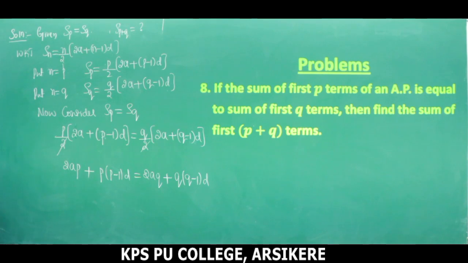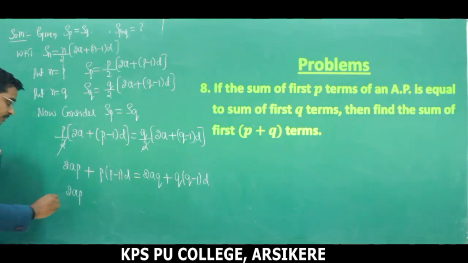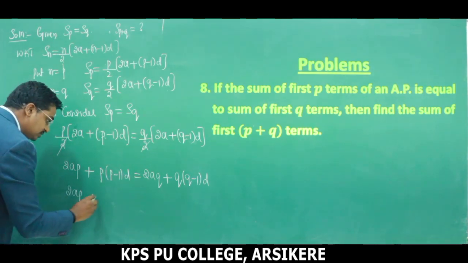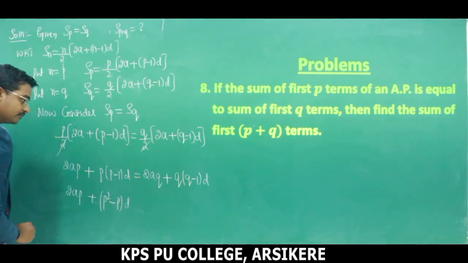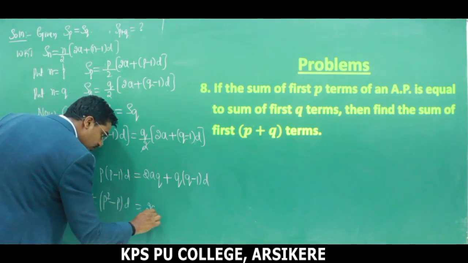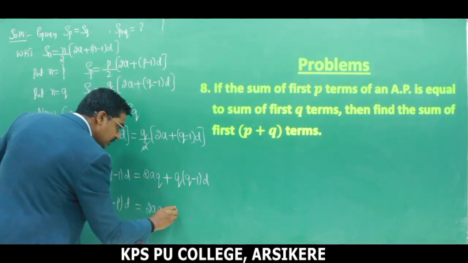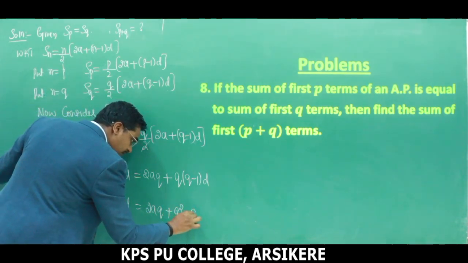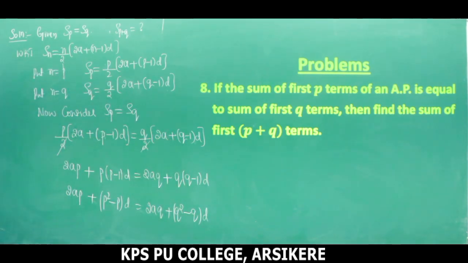Next step is simplification term by term. 2ap plus p square minus p into d is equal to 2aq plus q square minus q into d.